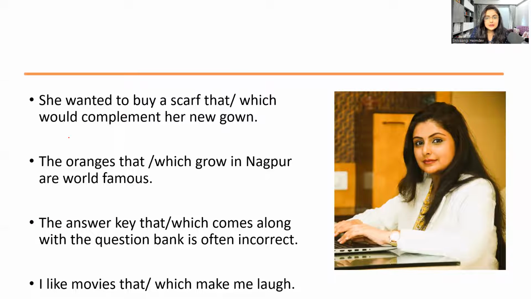The first one says: she wanted to buy a scarf that / which would complement her new gown. Now, if I drop the information following the relative pronoun, we get "she wanted to buy a scarf", but is this sentence complete? She wanted to buy a scarf, but what scarf?